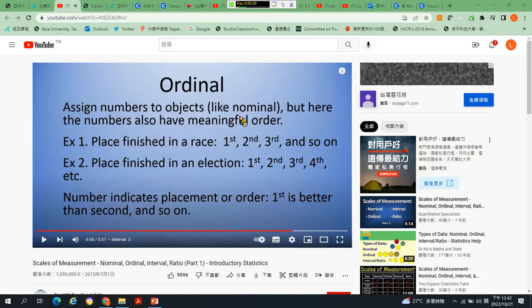For example, I think educational background is an obvious ordinal variable. If we assign the number 1 to elementary school, 2 for middle school, 3 for senior high school, and 4 for college, then the sequence or the order is meaningful, because middle school is higher, with more years of education.